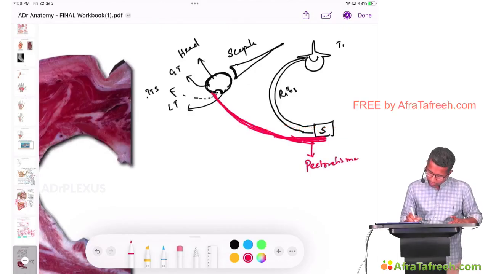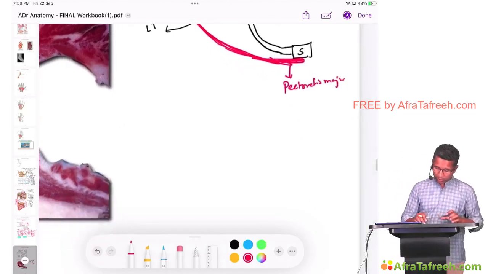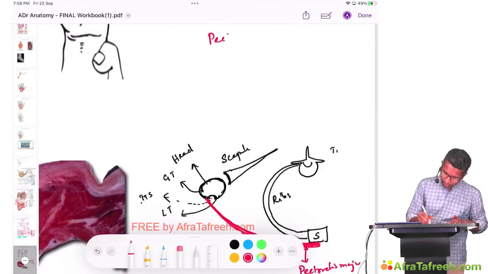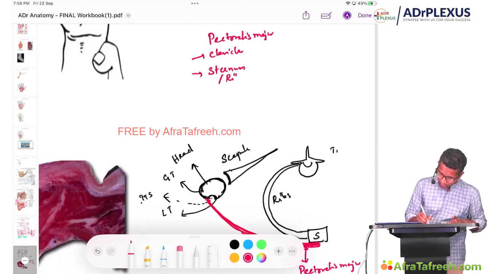Pectoralis major muscle arises from the clavicle, so it is called the clavicular head. It arises from the sternum and from the ribs, so it is called the sternocostal head.